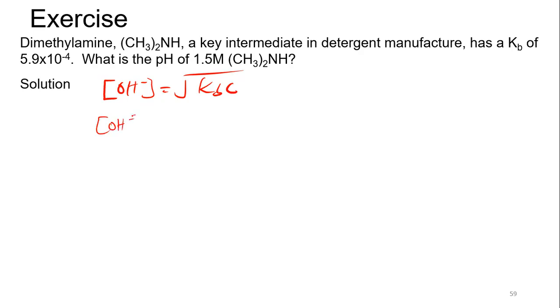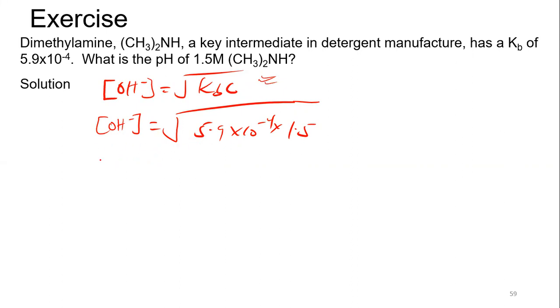Then the OH- concentration should be equal to the square root of the Kb. Kb is 5.9 times 10 raised to the power negative 4, multiplying the C, that is 1.5. Good. Now, these formulas, before you use them, please ask your teacher whether it's appropriate to use them, because these are simple ways, and then she might really be expecting you to do it differently. Good.